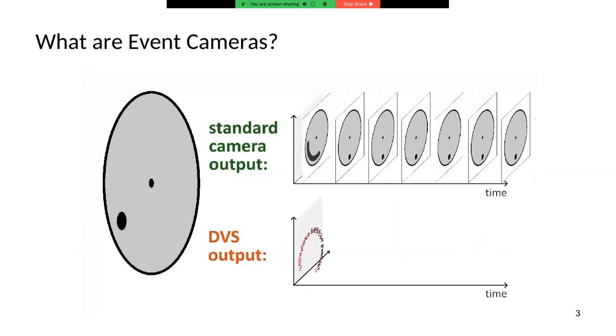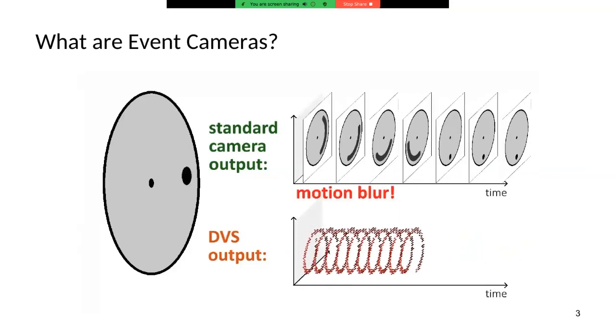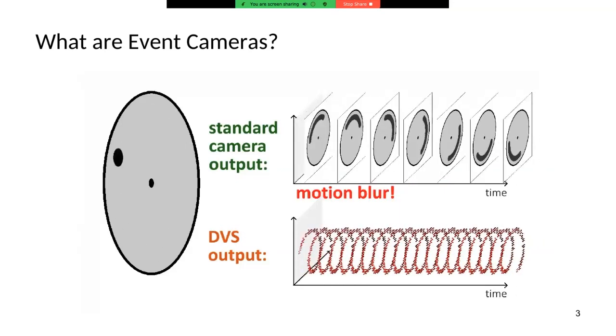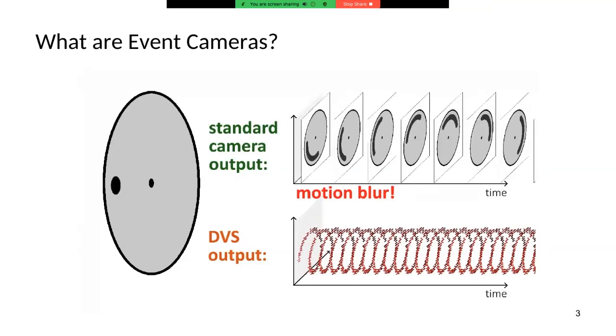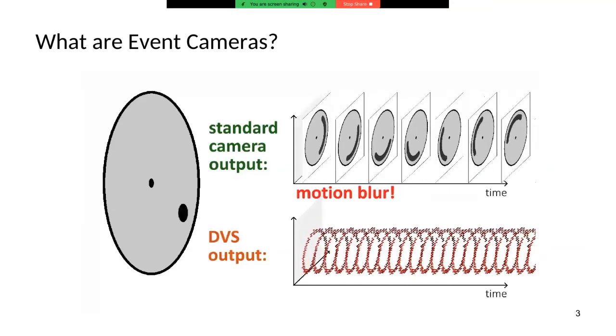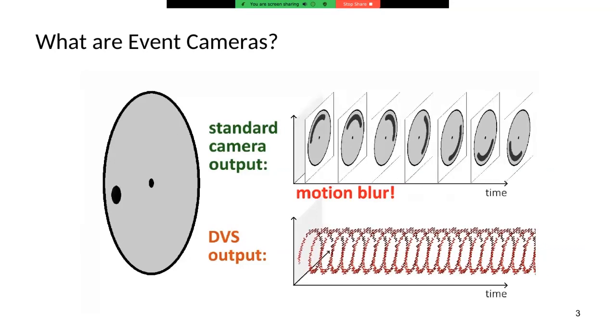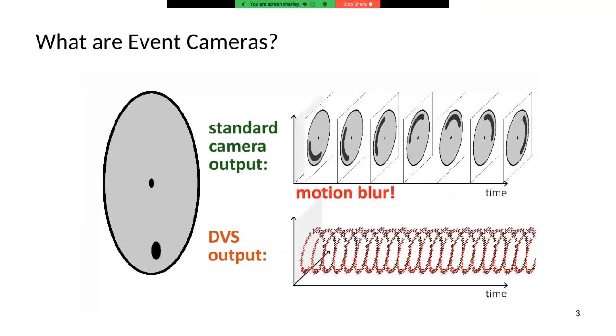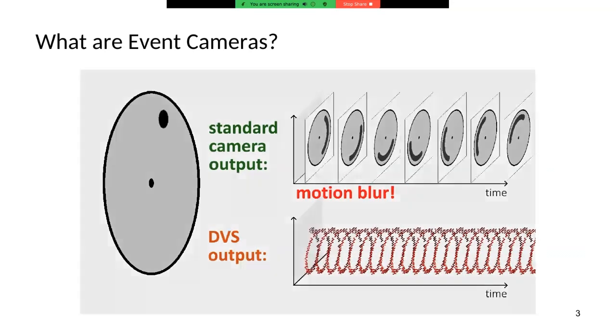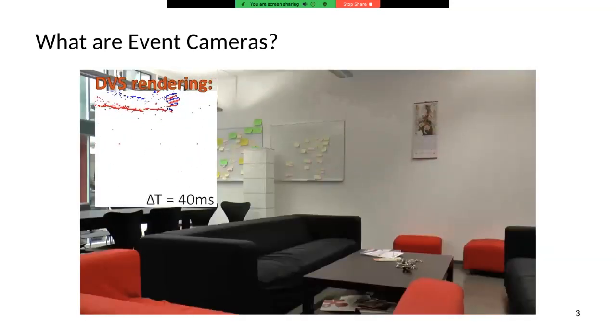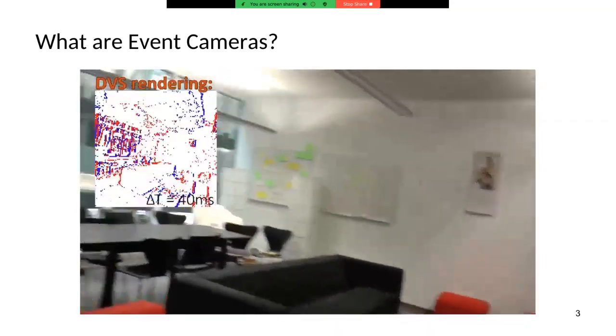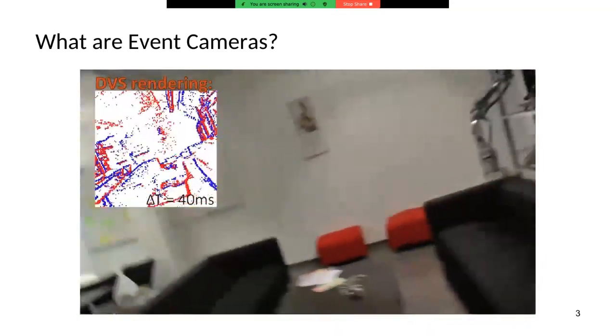And if you move the dot really fast, you typically get motion blur for video cameras during the exposure, but event cameras are very robust to this motion blur and you still get a good signal from this fast rotating dot. And if you have a static camera, you don't see anything basically, but if you move the camera, you can see the edges in the scenes.